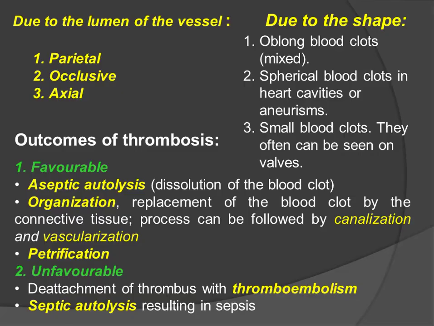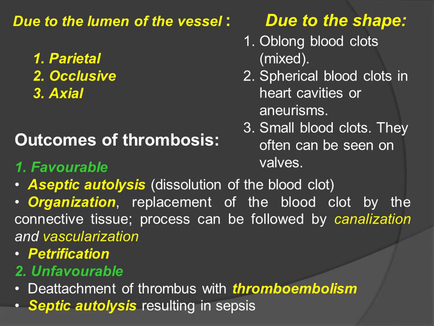Due to the relation to the vascular lumen, the following can be designated: parietal thrombus, obstructive thrombus when the lumen is closed due to the mass of the thrombus, and axial thrombus, which is located along the axis of the vessels or heart chambers.